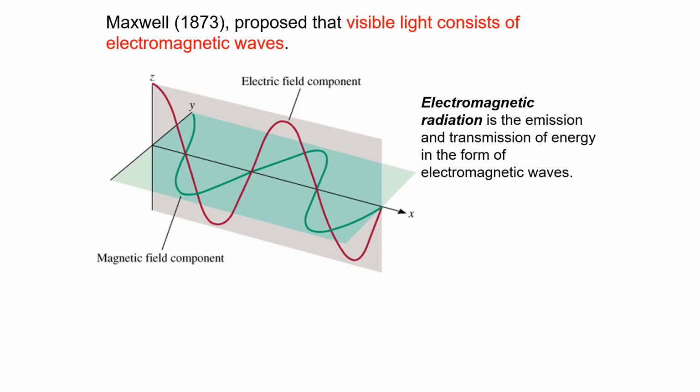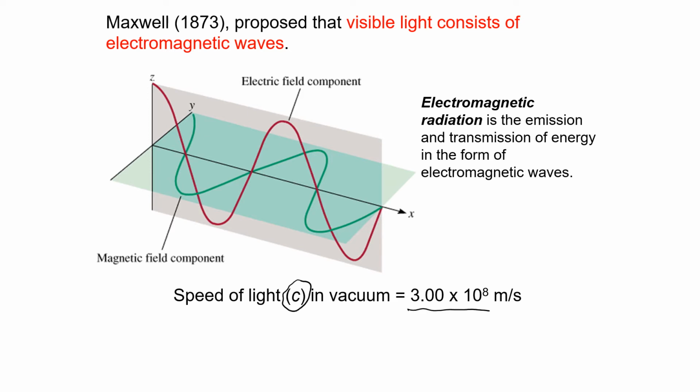And the product of wavelength and frequency equals the speed of light in a vacuum, represented by c, and that speed is 3.00 times 10 to the 8 meters per second.